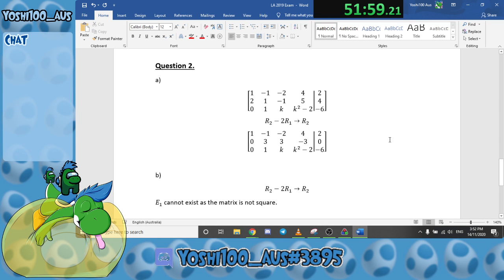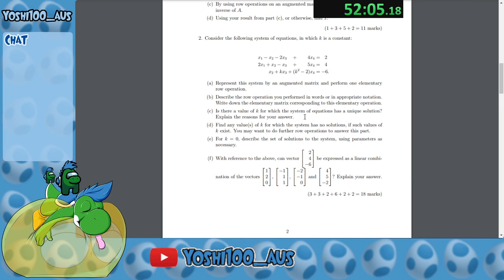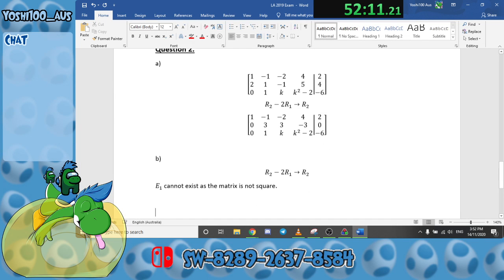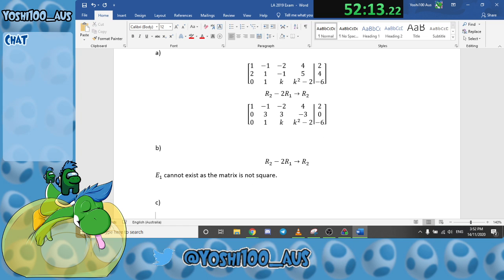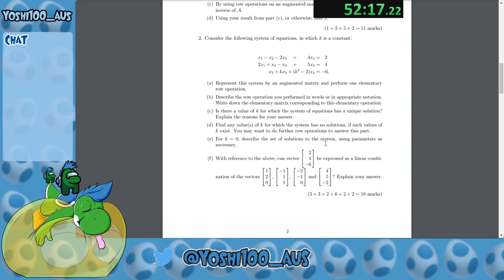Am I right in saying that? There's no corresponding E1 for it, right? I don't think so. I think I remember that being mentioned in the lecture as well. So I think I am right in saying that, but let me know if you have any conflicting thoughts.